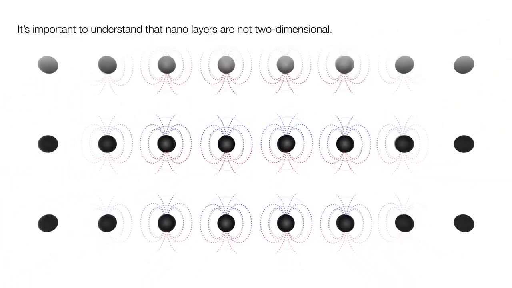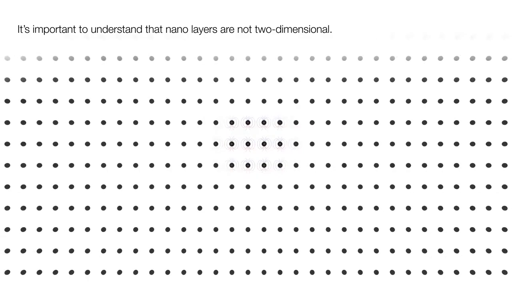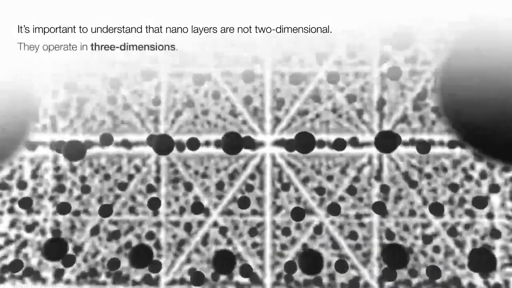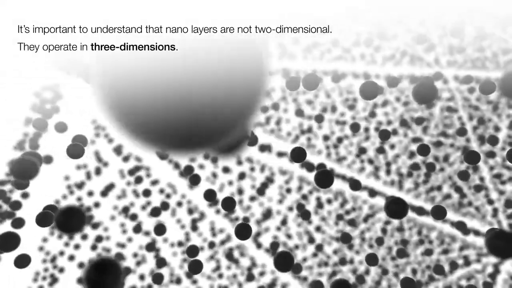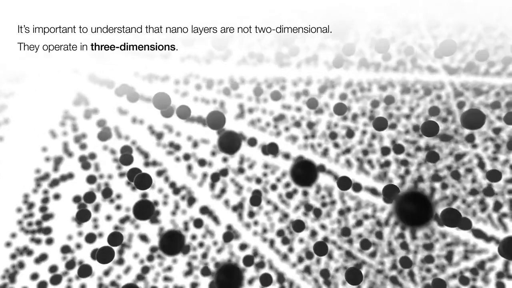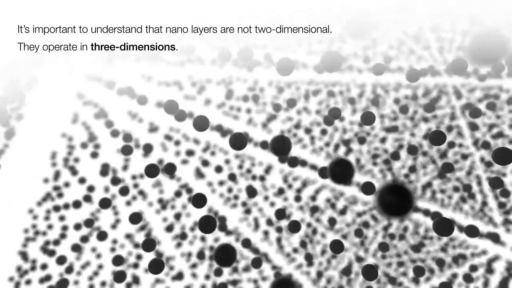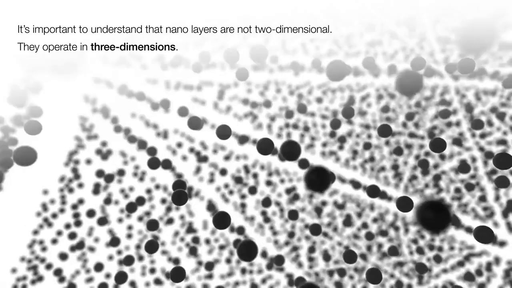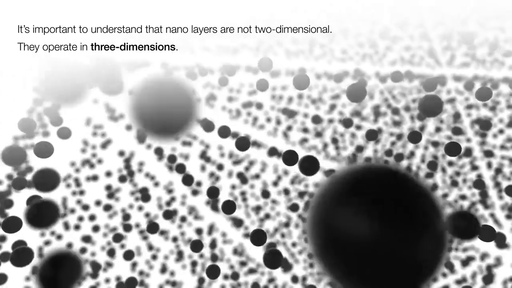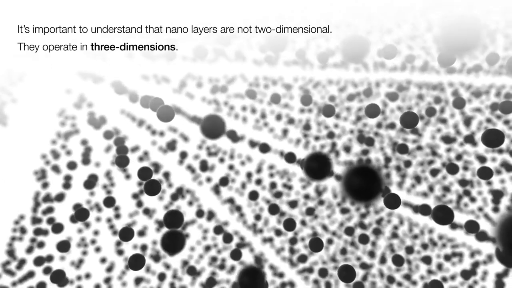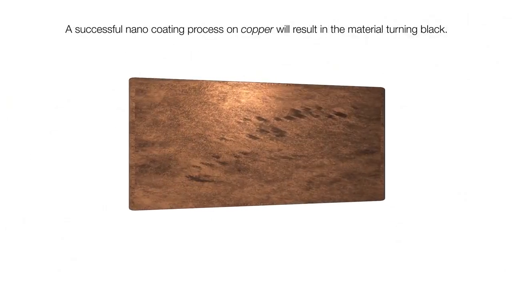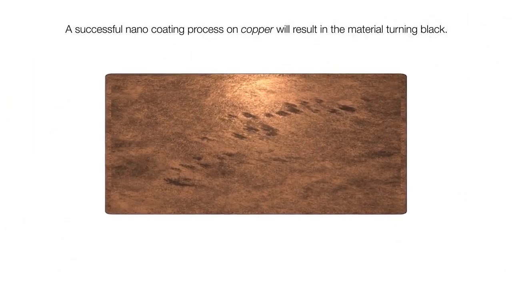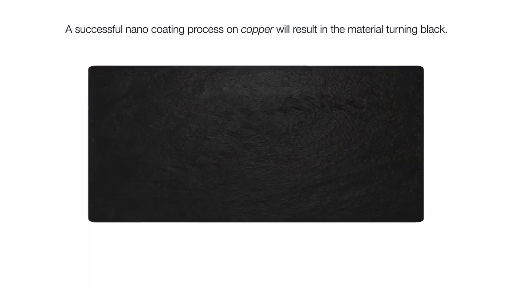It is important to understand that nanolayers are not two-dimensional. They operate in 3 dimensions. A successful nanocoating process on copper will result in the material turning black.